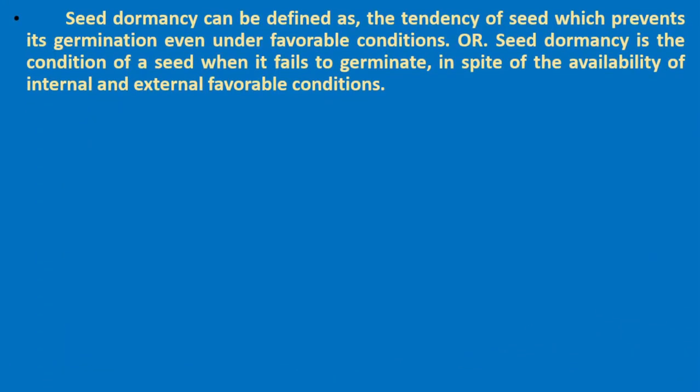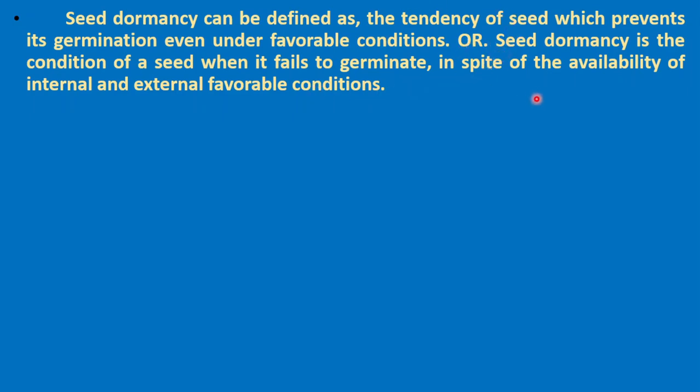As we already discussed, seed dormancy can be defined as the tendency of a seed which prevents its germination even under favorable conditions. So even if we provide all favorable conditions, seeds fail to germinate, and this particular tendency of seed is known as seed dormancy.